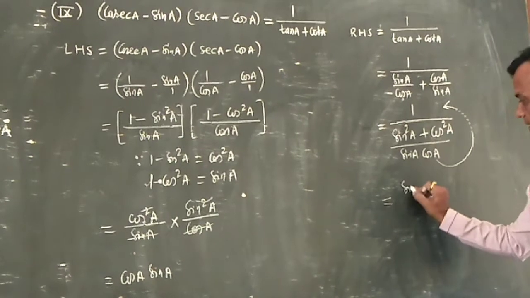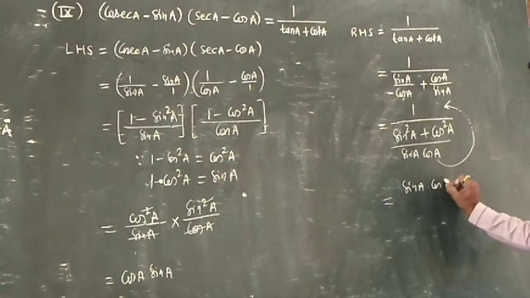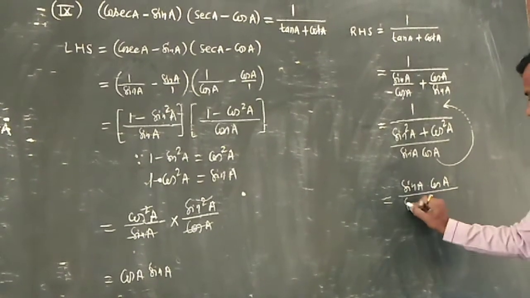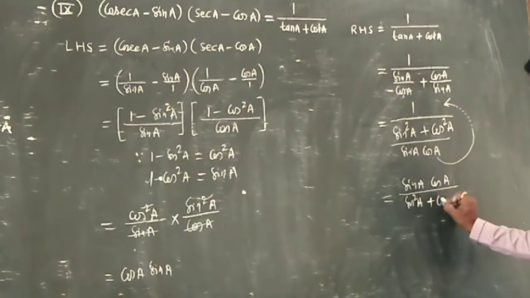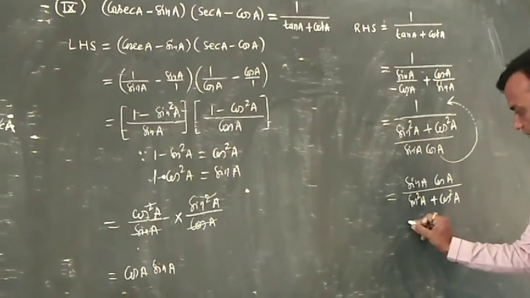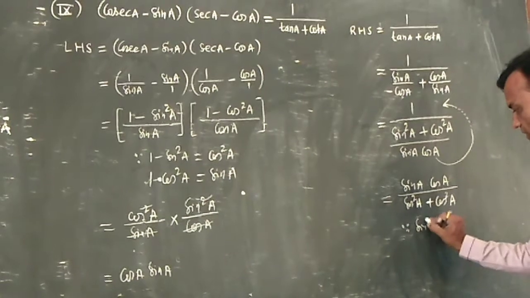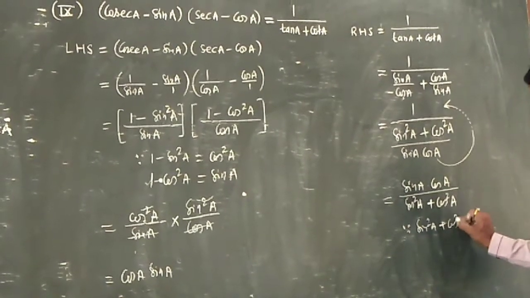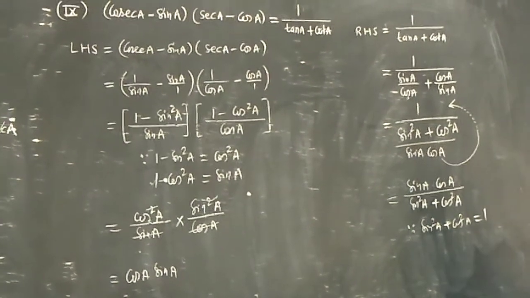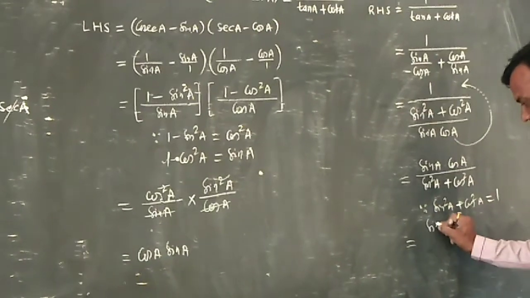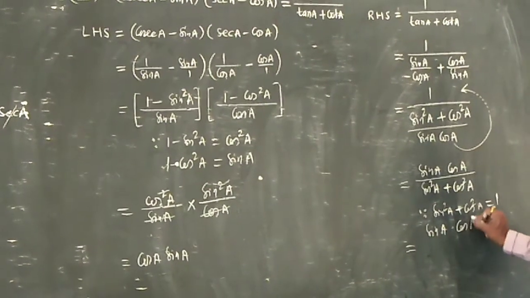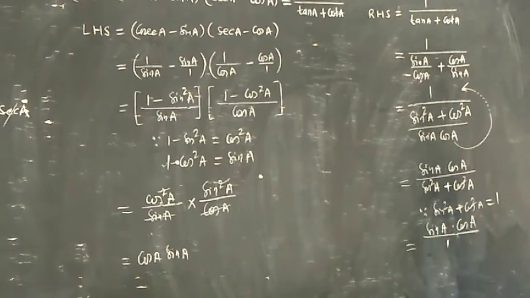So you have sin A into cos A upon sin square A plus cos square A. Again, we know this is an identity. Sin square A plus cos square A equal to what? 1. So what is remaining? Sin A into cos A upon 1.